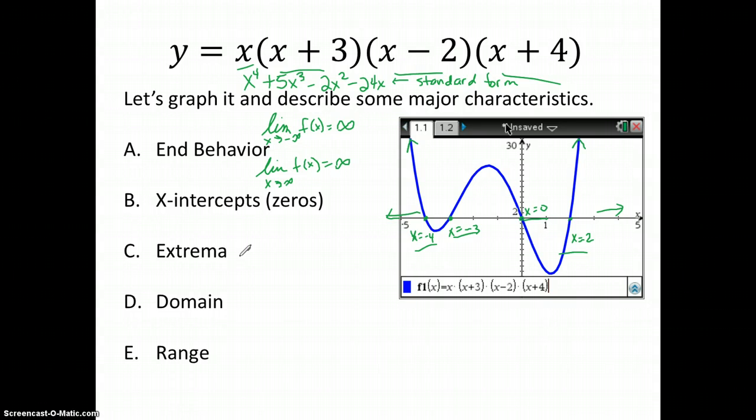The extrema, these are the max and mins. Notice here that there is one relative max and 2 relative mins. We can see that right here. There's a relative min. Here's a relative min. Actually, that's an absolute min, right? The graph will not go below that, so that's an absolute min.